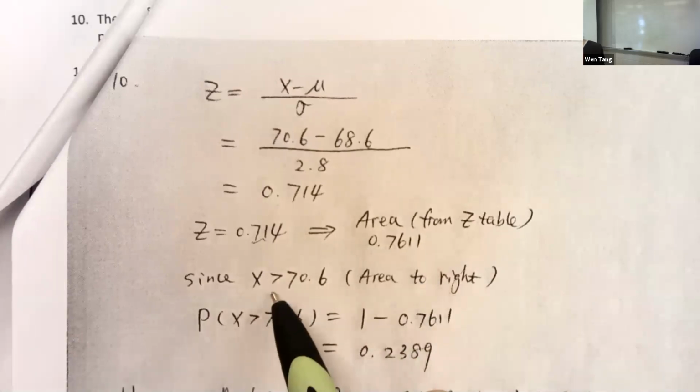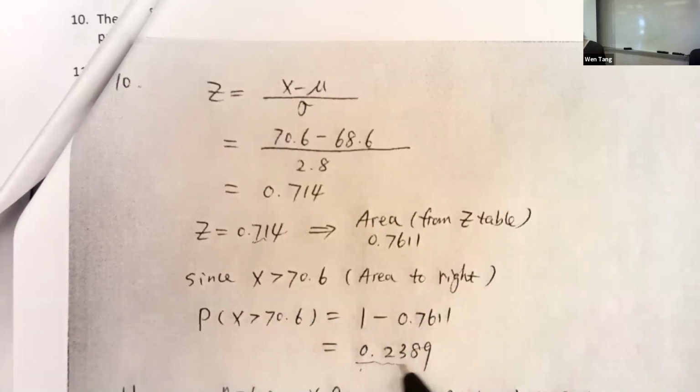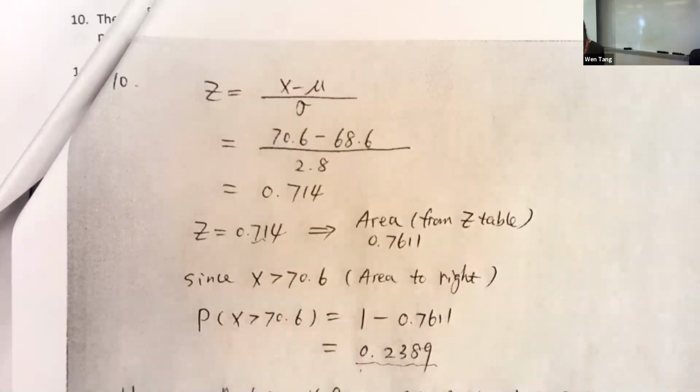So we need to use total area minus the area cumulative to the left to get the area cumulative from the right. This one will be the answer, because X is greater than 70.6.